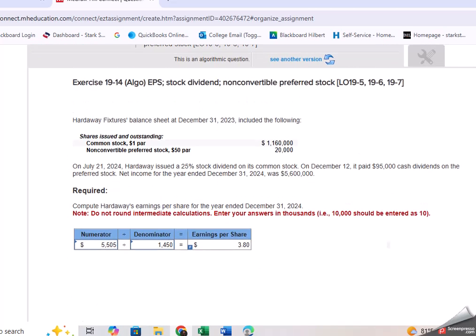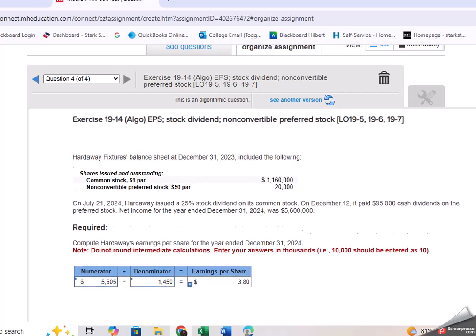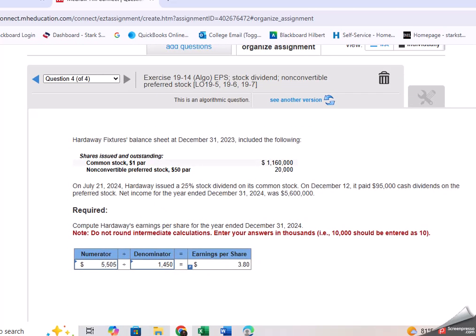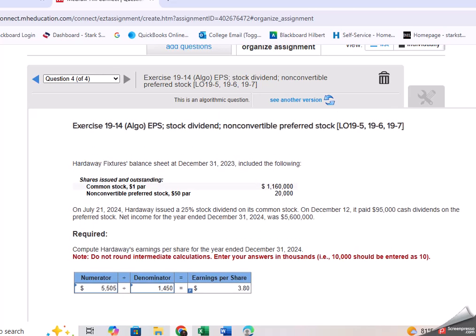Now, the diluted one is going to get into a little more math because it's going to say, okay, if we end up converting those preferred stocks, we no longer have to deduct the dividends, but now we're going to have more shares outstanding.